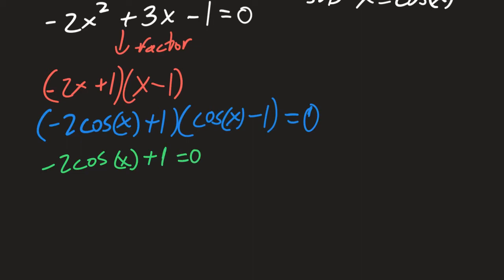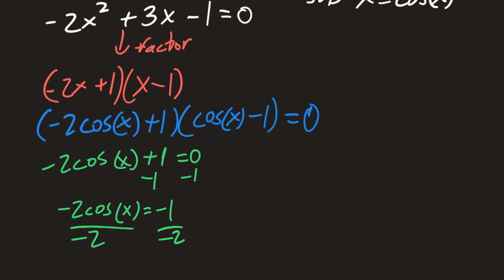And I'm going to go ahead and start moving things around. Let's subtract 1. Negative 2 cosine x equals negative 1. Then we can divide each side by negative 2. And I'm going to get cosine x equals 1/2. Okay, the two negatives cancel each other out.